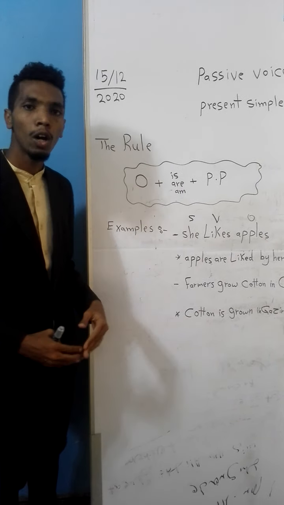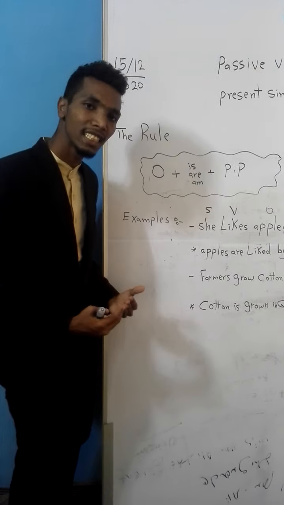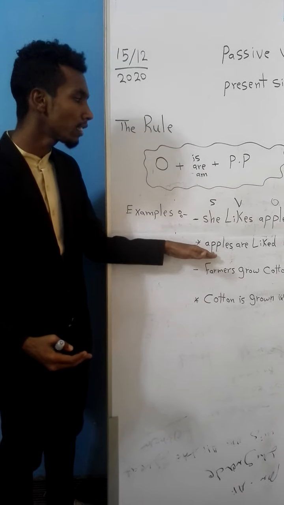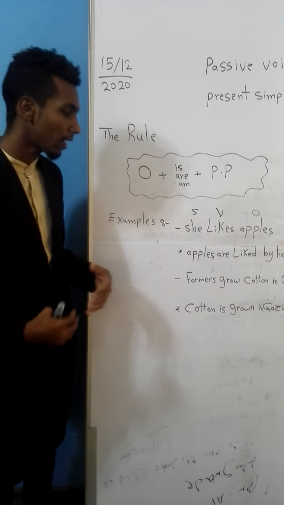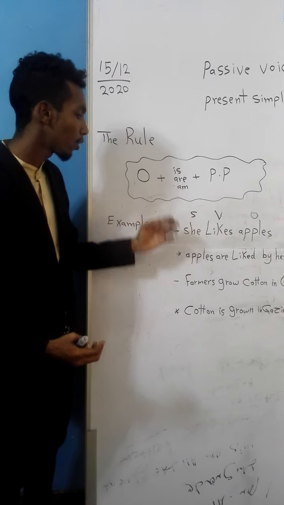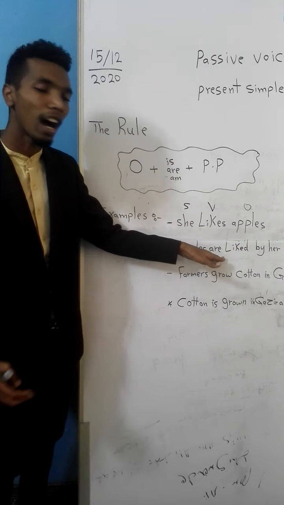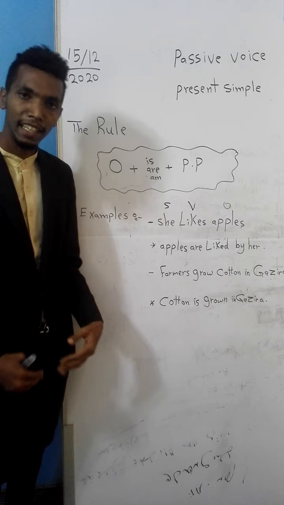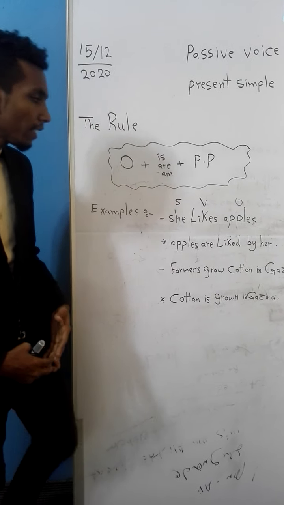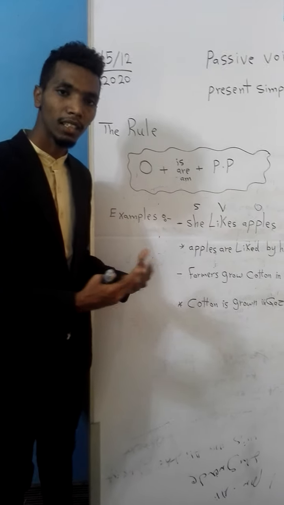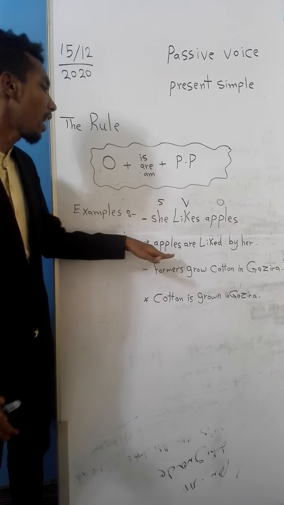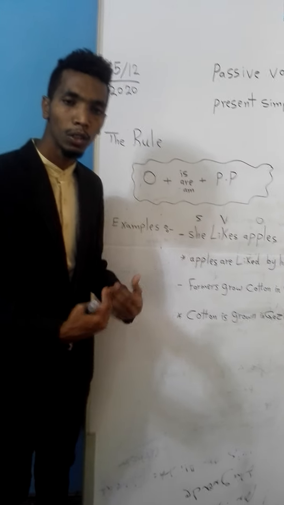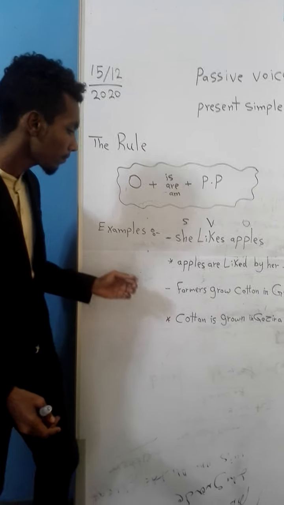Look at the object. If the object is singular, we add is. If the object is plural, we add are. Apples is plural, not singular, so we say apples are liked. And if you want to mention the subject, you say by her, by Abdullah, or by whoever. Up to here you are right, you are hiding the subject. If you want to mention the subject, it's okay.